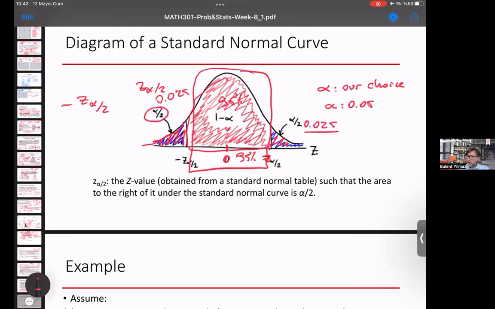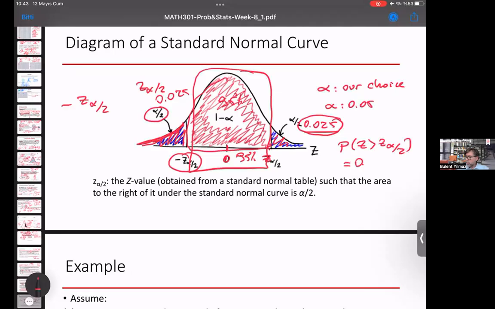Only 0.025 of the time the value will be less than minus z alpha over 2, and 0.025 of the time z will be greater than z alpha over 2.